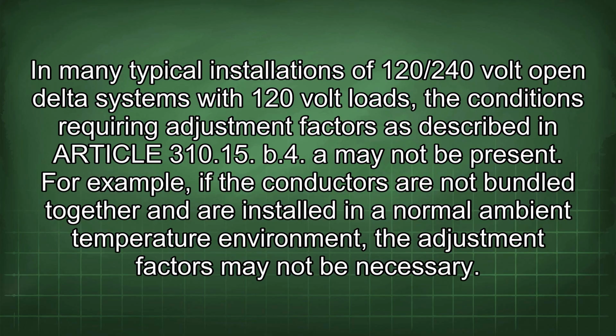In many typical installations of 120/240-volt open delta systems with 120-volt loads, the conditions requiring adjustment factors as described in Article 310.15(B)(4) may not be present. For example, if the conductors are not bundled together and are installed in a normal ambient temperature environment, the adjustment factors may not be necessary.